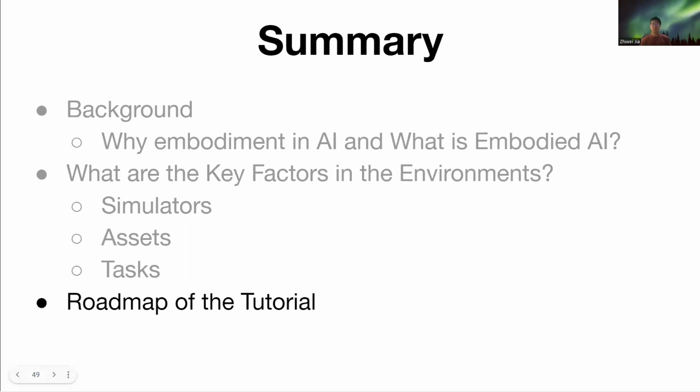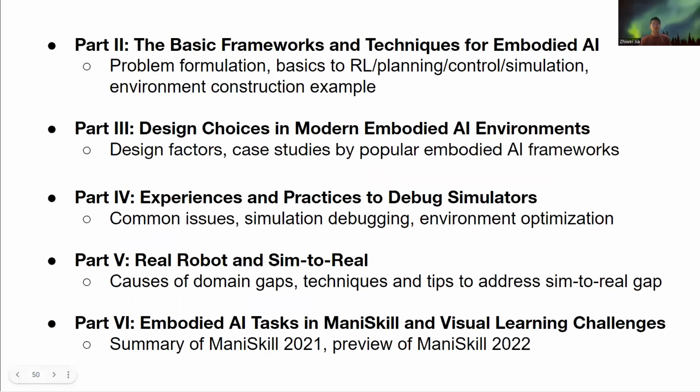Lastly, we would like to give you a roadmap for the remaining five parts of this tutorial. In part 2, the basic frameworks and techniques for embodied AI, we would like to introduce the problem formulation, basics of RL, planning, control and simulation, and some environment construction examples.